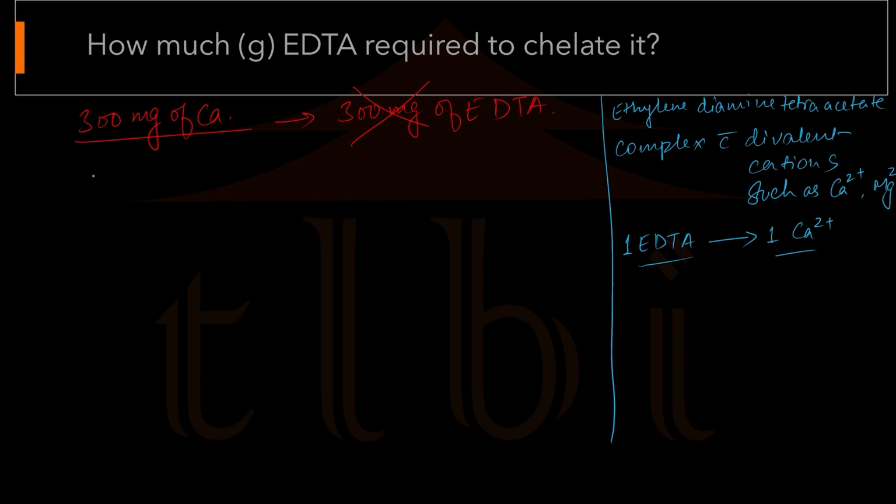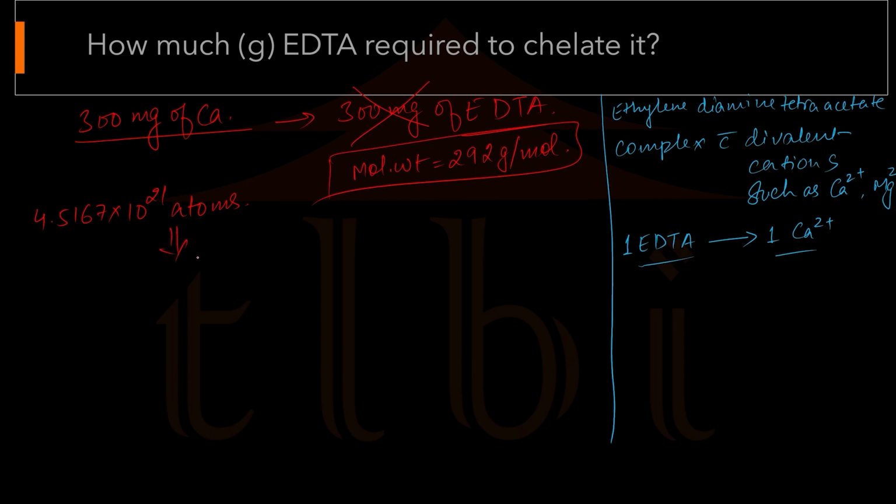So let's go our standard way. EDTA has a molecular weight of 292 grams per mole. Okay, so we have earlier calculated that 300 milligram of calcium has 4.5167 into 10 to the power 21 atoms.